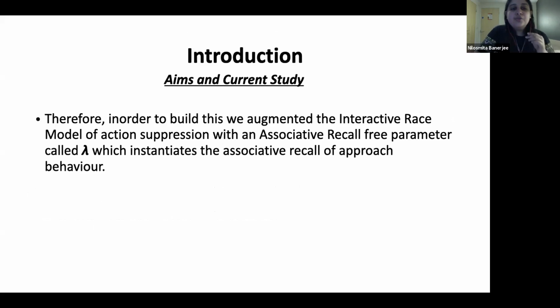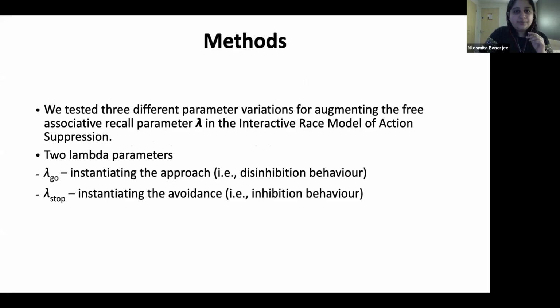So in order to address this, we built an augmented version of the interactive race model of action suppression with an associative recall free parameter, which we called lambda. Lambda instantiated the associative recall of the approach behavior in our current model.